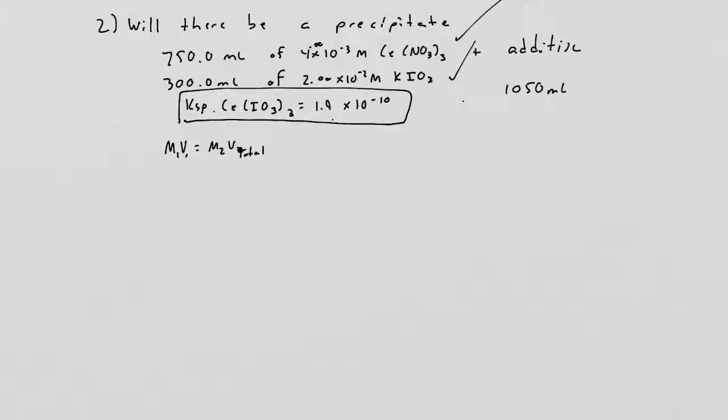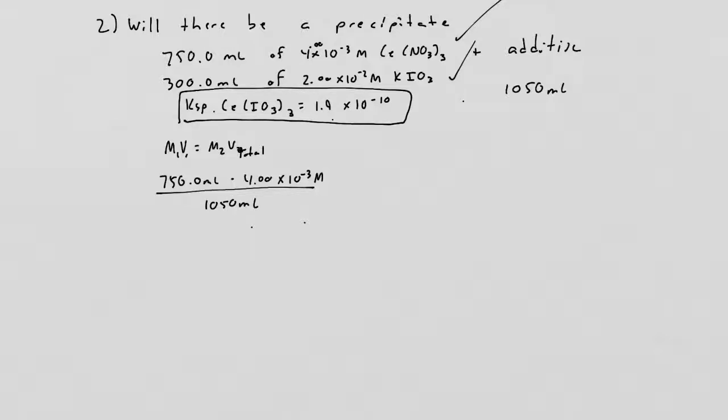But then you end up cross multiplying, so for the first one, 750.0 milliliters times the original molarity, which is 4.00 times 10 to the minus third, over the new volume, which would be 1,050 milliliters. And here's the problem with this one.